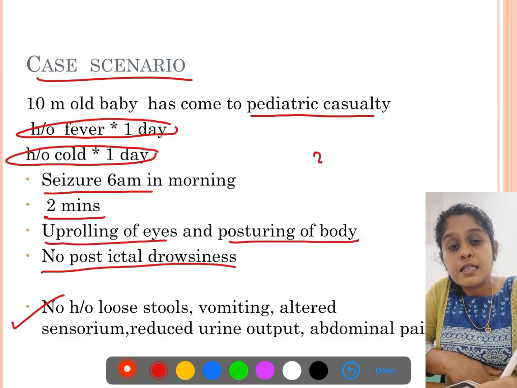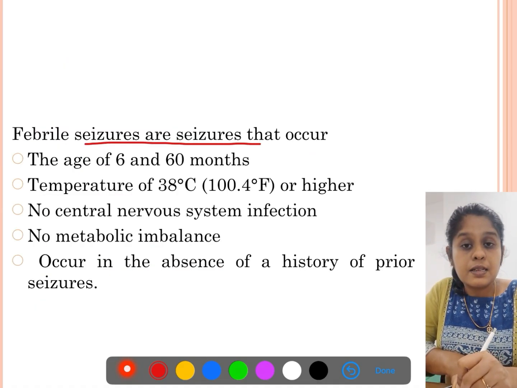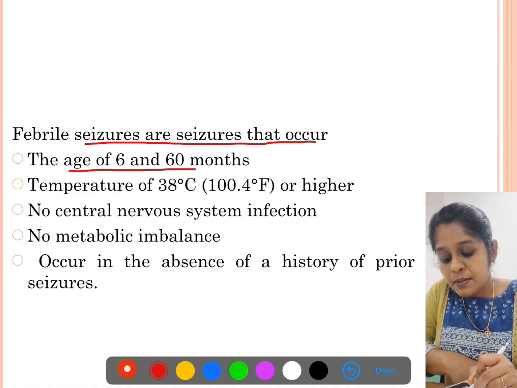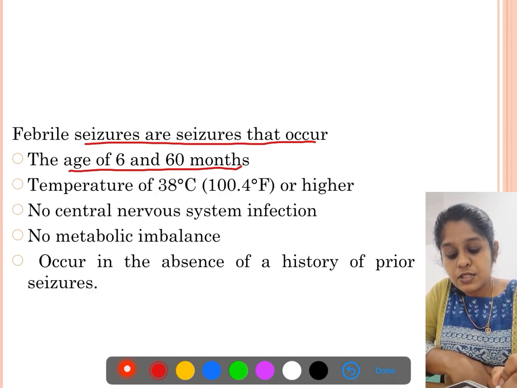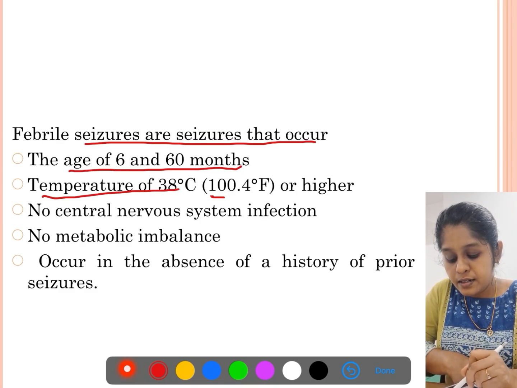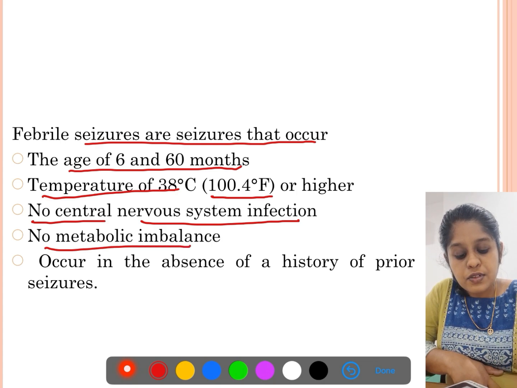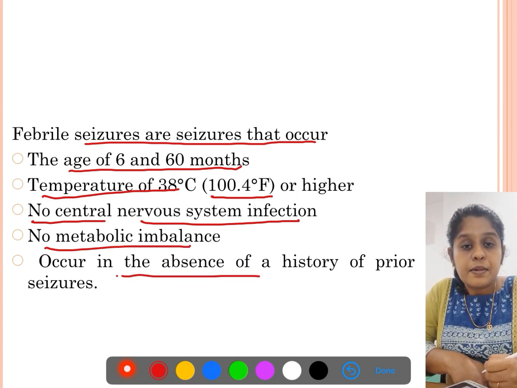So the first thing is the definition. A febrile seizure is a seizure that occurs at the age of 6 to 60 months, associated with a temperature of 38 degrees Celsius or more, that is a fever of 100.4 or higher, with no central nervous system infection, no metabolic imbalance, and in the absence of a history of prior afebrile seizure.